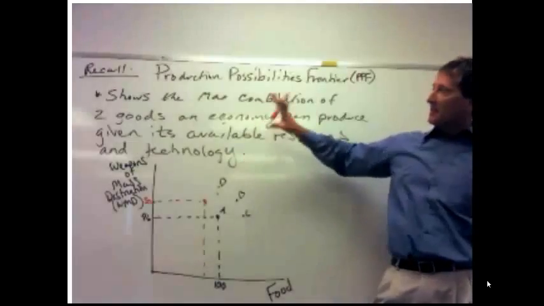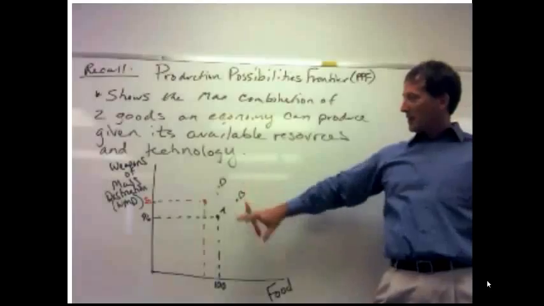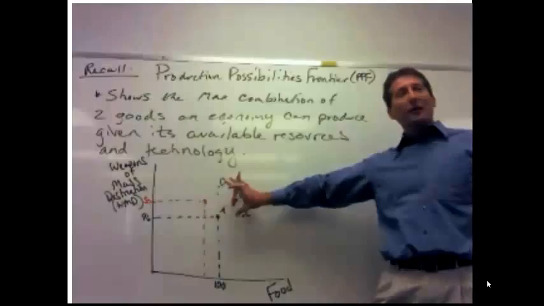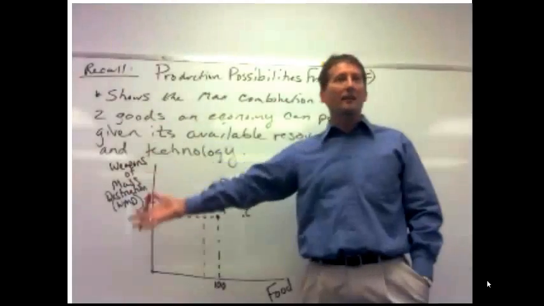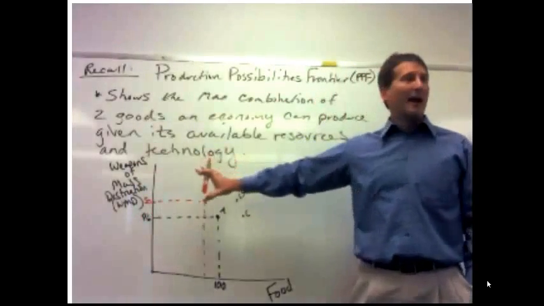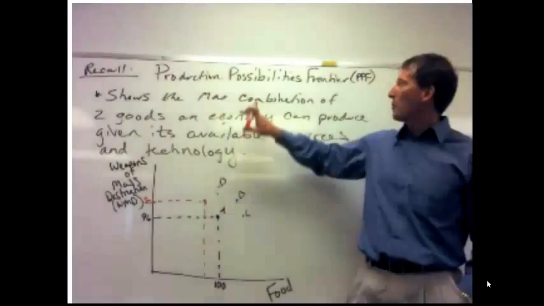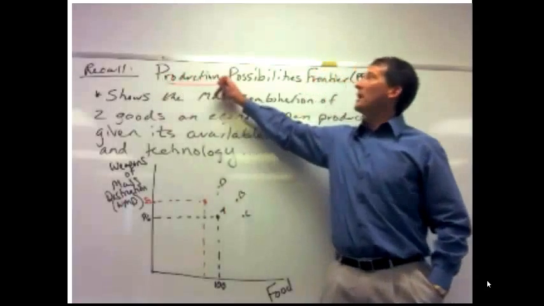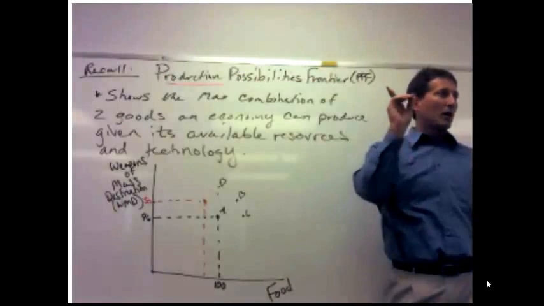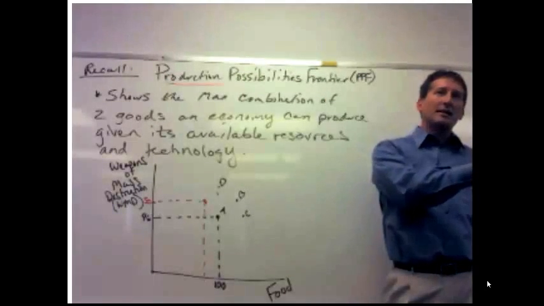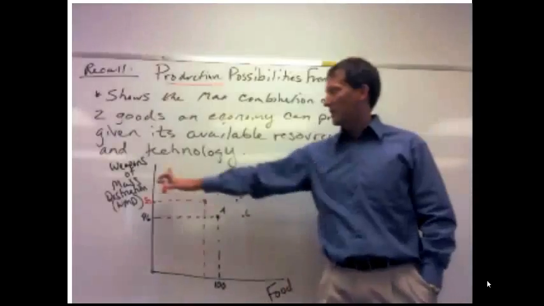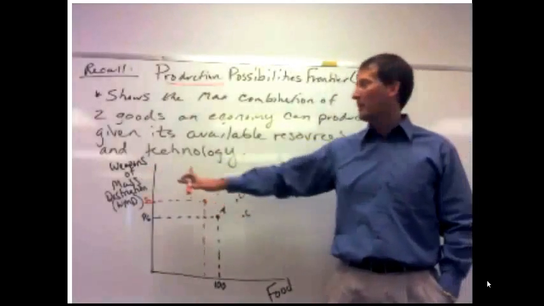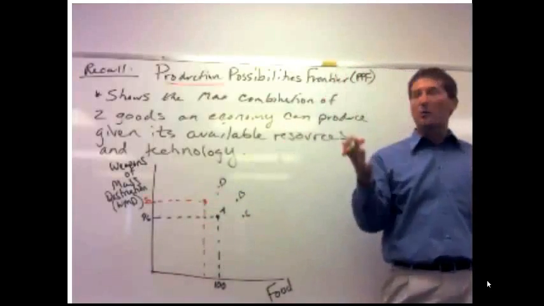Now, this is strictly production; I want to bring that up since we're talking about our liking of weapons or our liking of food. I really don't have that playing a role here. These are production possibilities. So tying back to what I started you on last time, this is the supply of all goods and services, which includes food and weapons. We can only have so much.